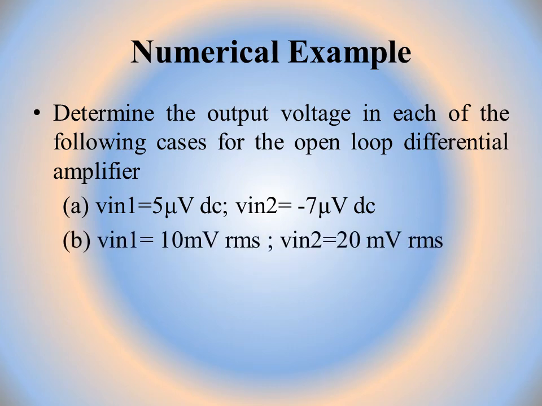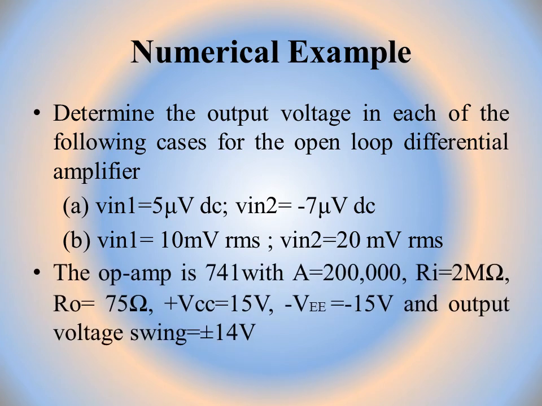Second, VIN1 is 10 millivolts RMS and VIN2 is 20 millivolts RMS. That is, the first is a DC signal and the second is an AC signal. I have taken both these questions because in this way you can decide what is the difference between a DC signal and an AC signal.